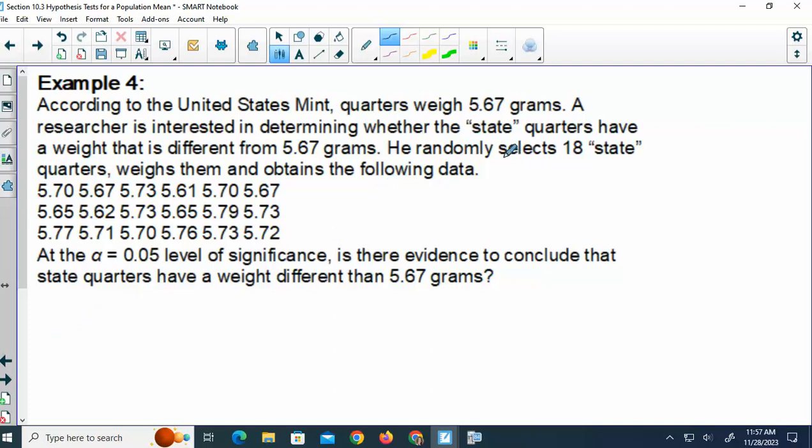So we have 18 state quarters. He weighs them and gets this data. So, what is my null hypothesis? Mean is 5.67. What's the alternative?